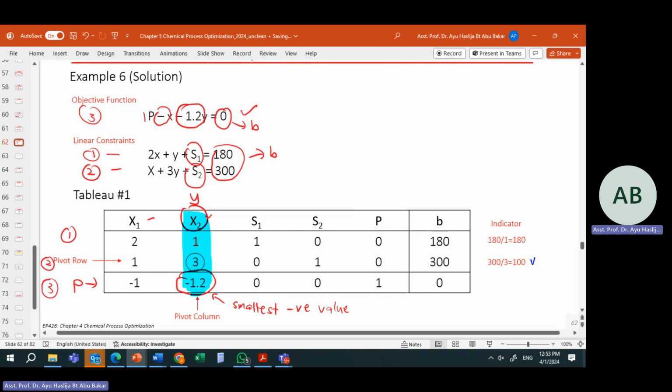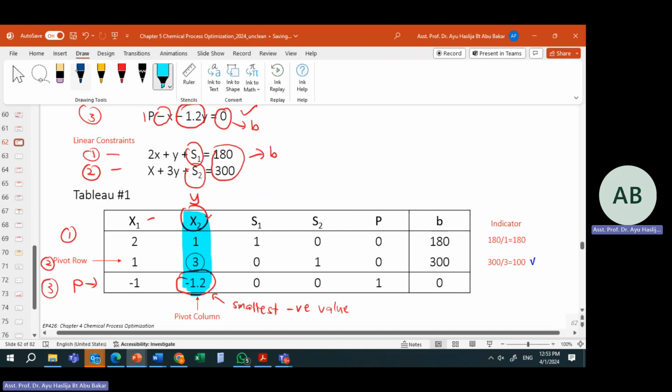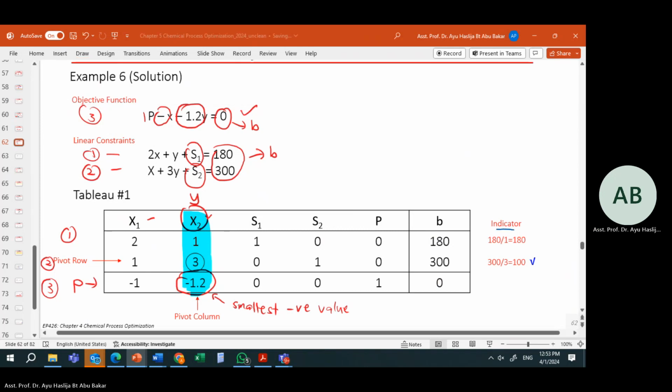Now we want to find which row to pivot. In order to decide which row to pivot, we need to find the pivot value. How to find the pivot value? By using the indicator: beta value divided by the value in the pivot column.